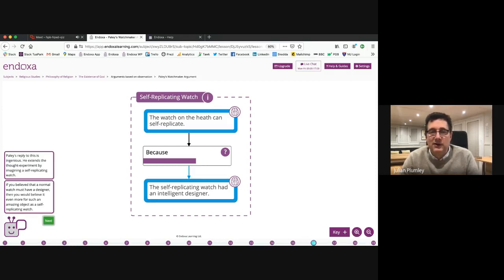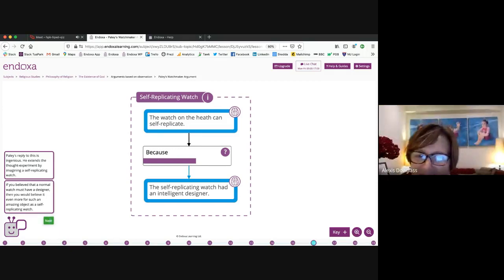His point is that if you saw it self-replicate, would you be more convinced that it had a designer or less? Well, he says quite reasonably, I think, that you'd be so impressed. It didn't just tell the time, it also reproduced itself. You'd be even more convinced that it had an intelligent designer to make it do that.